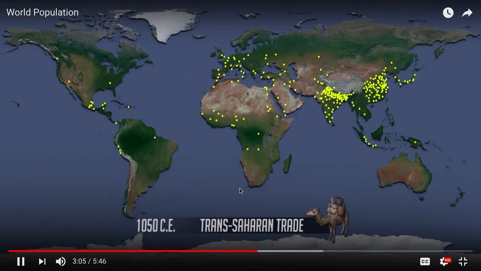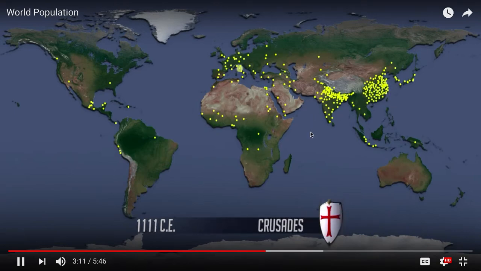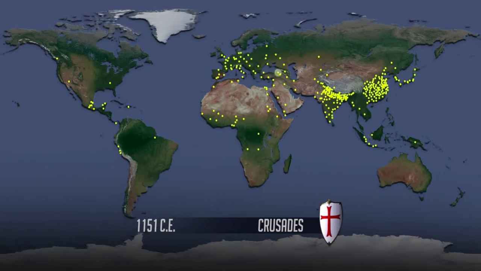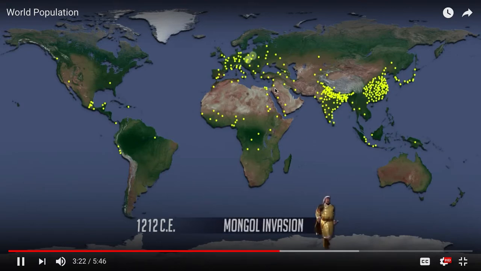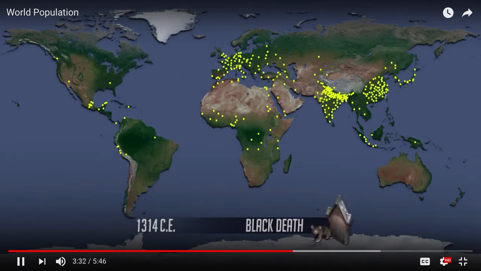Alright, so we got trade going on here, Trans-Saharan. So here's the Sahara. See a lot more people popping up. And the Crusades. You had European soldiers invading Jerusalem. The Mongol invasion. Look over here. Interesting. So the Mongols invaded China around 1200.